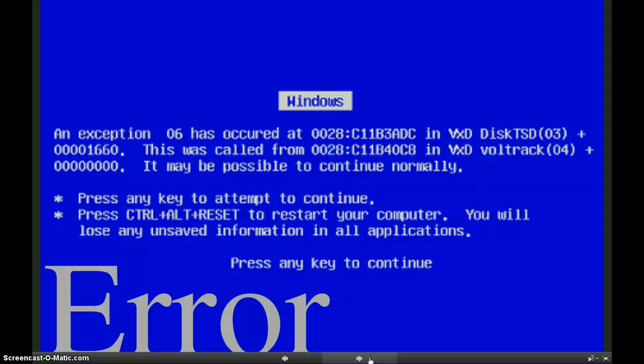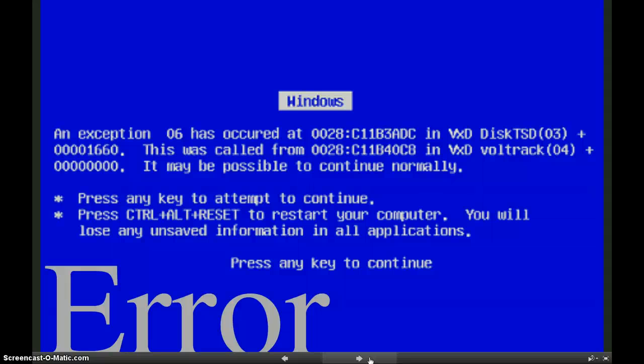Okay, error is the difference between our measurement and a standard.